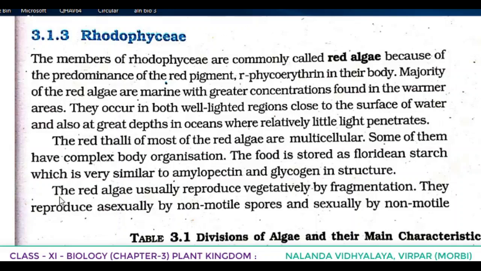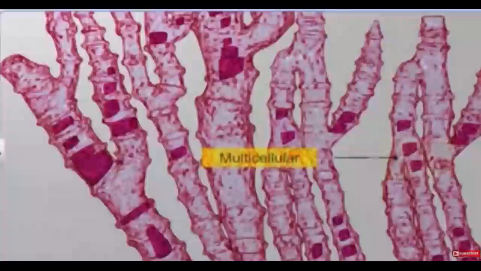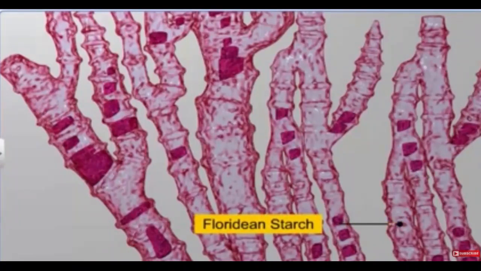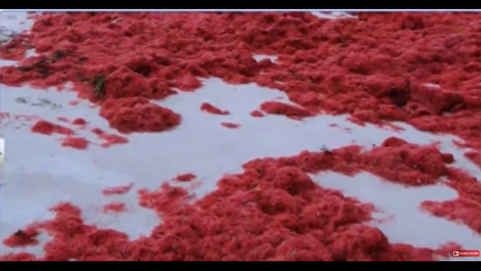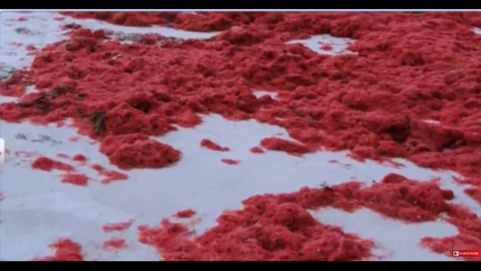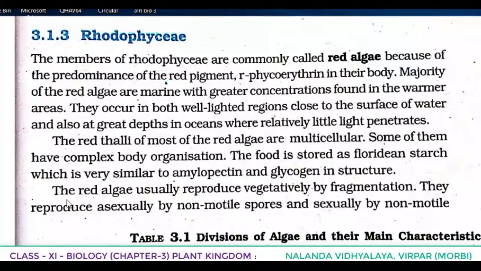And the major pigment, which stored food is present, how the habitat is, and the common name of them. All these points you have to remember.